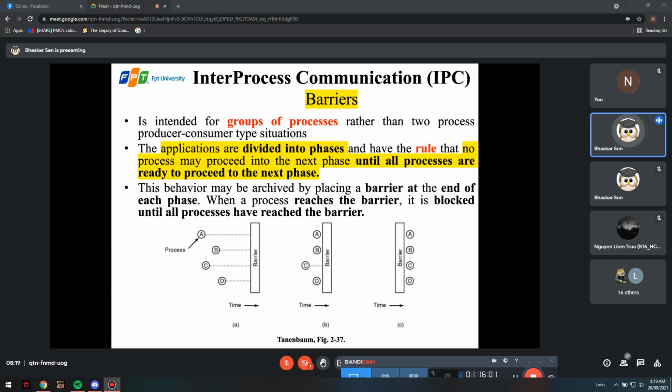A barrier is for large distributed types of programs, which basically means that you run the program and all the programs must reach a point where they can get started once more.